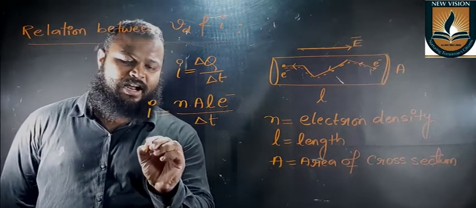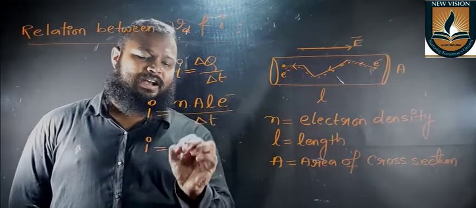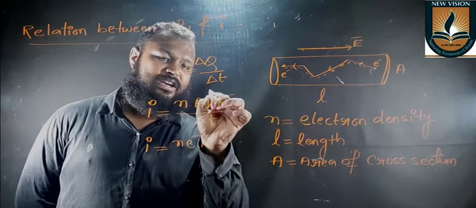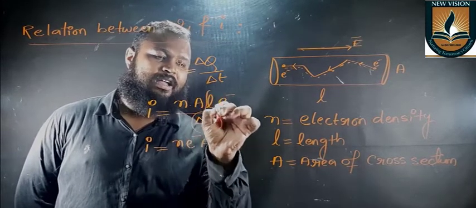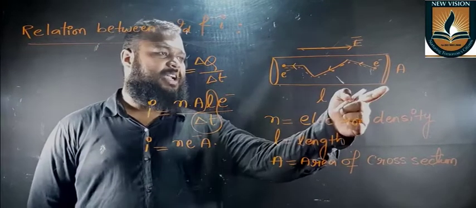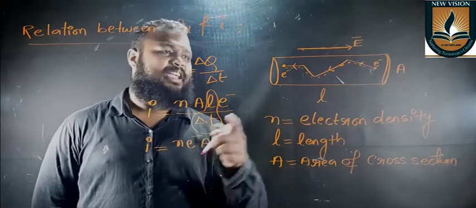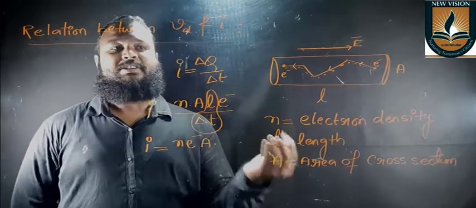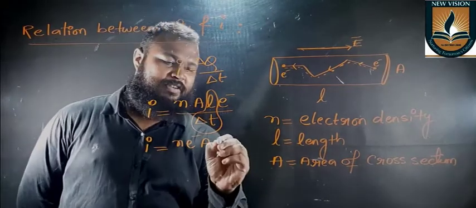Now I can write I = neA, and look at this term L upon delta t. L is the average distance from this end to this end, and delta t is the average time taken. What do we call this distance by time? Simply drift velocity or drift speed.